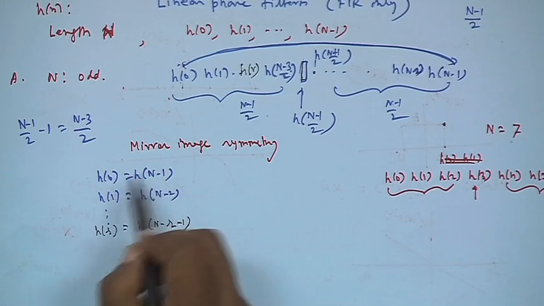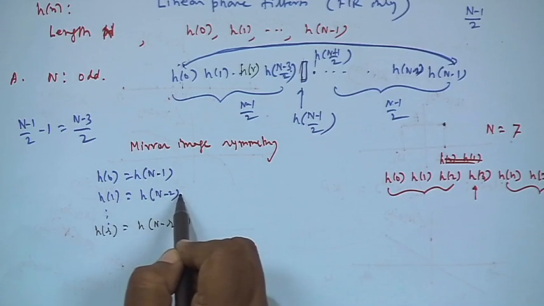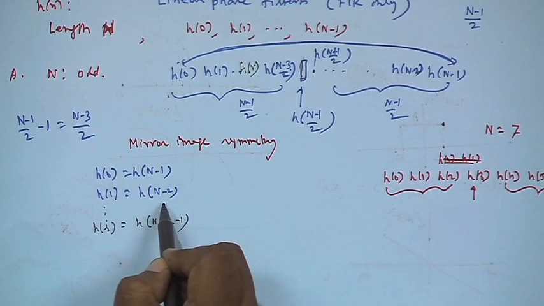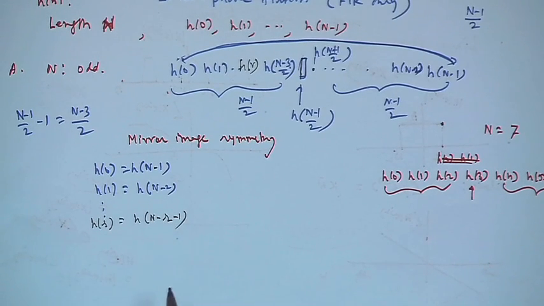So, n minus 1 minus 0 for 0, n minus 1 minus 1 for 1, that is n minus 2, for 2 it will be h n minus 3, that is n minus 1 minus 2, or n minus 1 minus r. Okay.